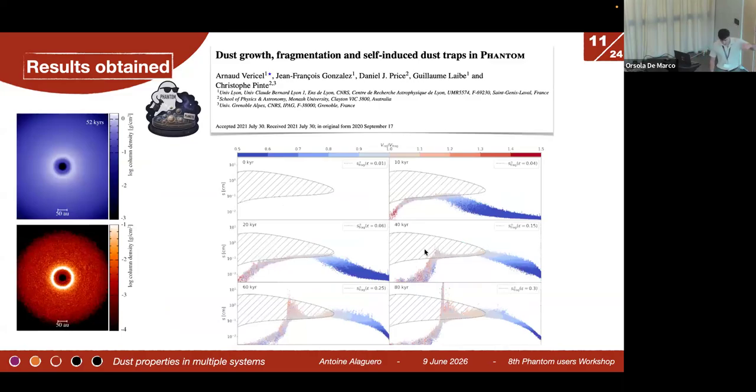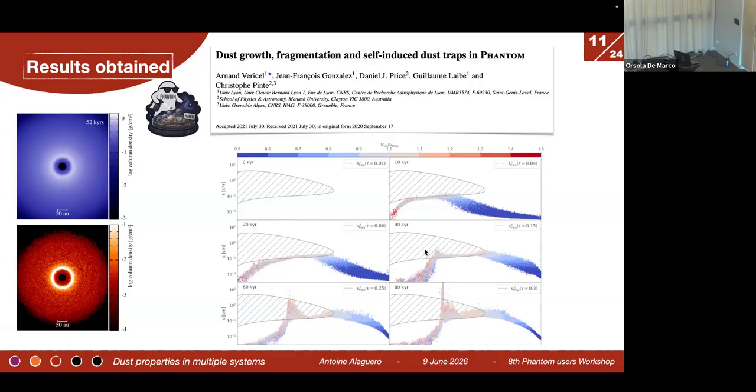This was done with Lyon SPH, but then in 2021, this algorithm got implemented in Phantom by Arnaud Viricel. You have here a snapshot of the gas column density, and here a snapshot of the dust. And here you have several panels that show you the time evolution of the grain size as a function of radius, right? And you can see, at first there is nothing, then you can grow some dust, right?